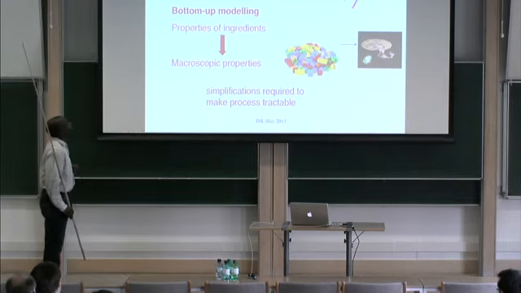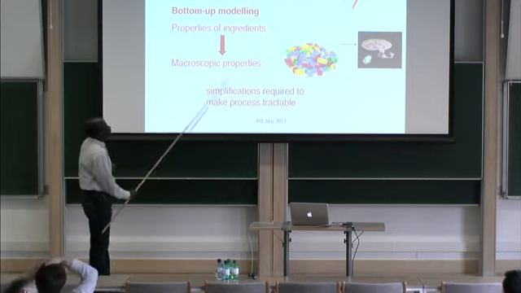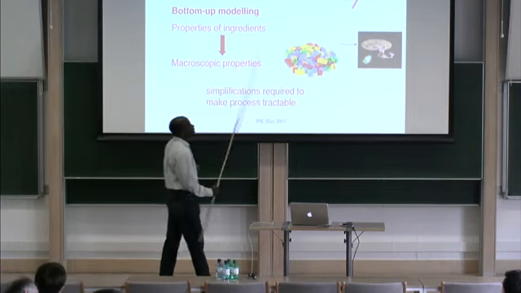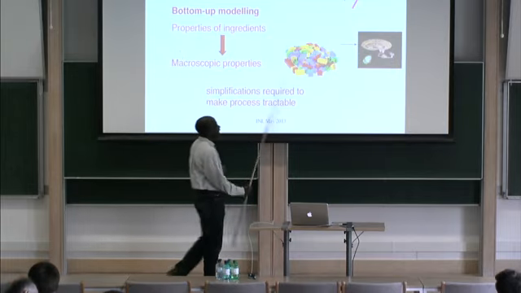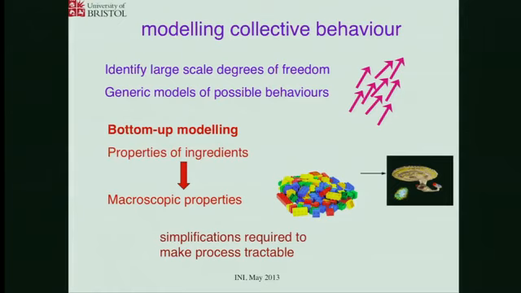But you might also want to be able to relate the properties of the ingredients to the macroscopic properties. So we've got some building blocks, and we want to build the USS Enterprise. In order to do that, we're going to have to make some simplifications to make this process tractable. And I want to tell you about some stuff that we've done doing that.